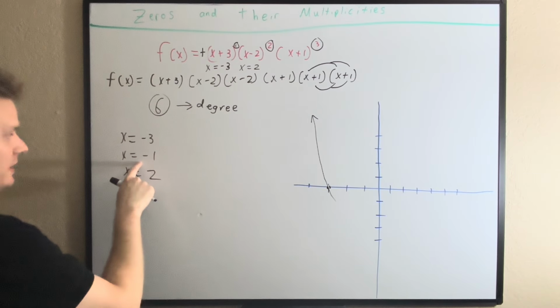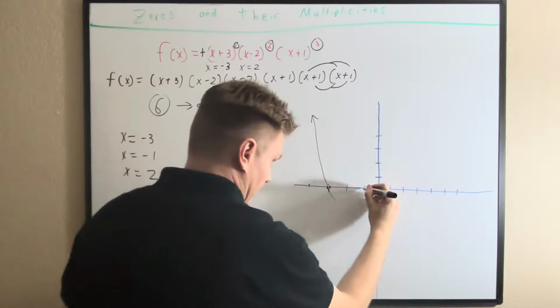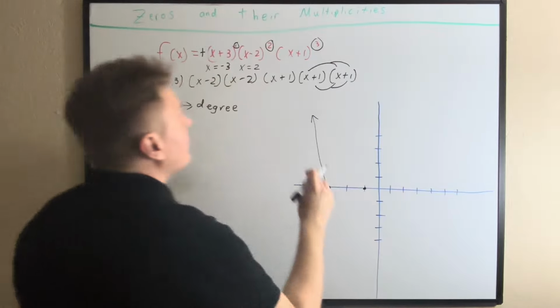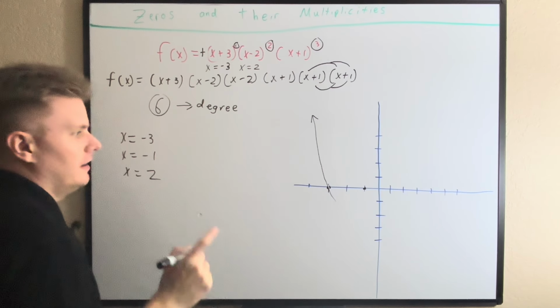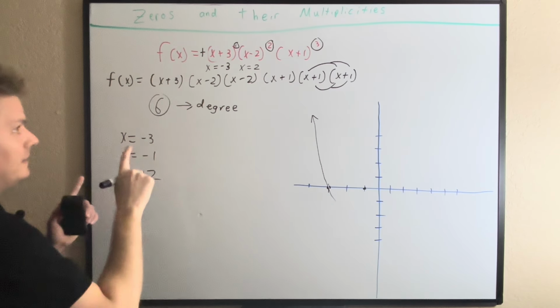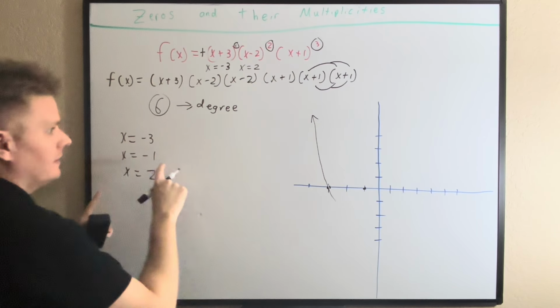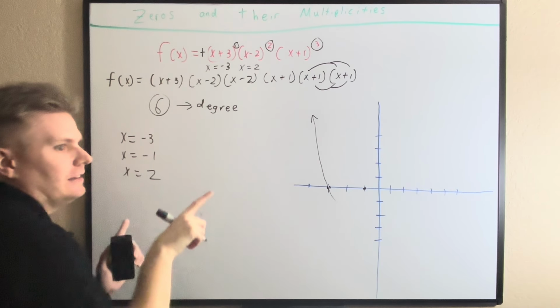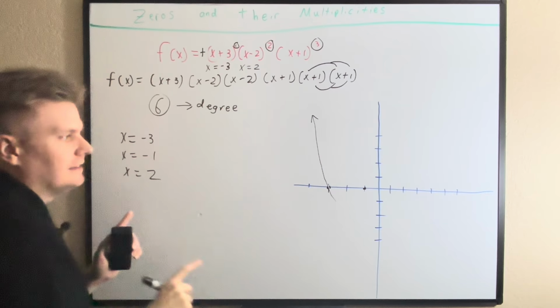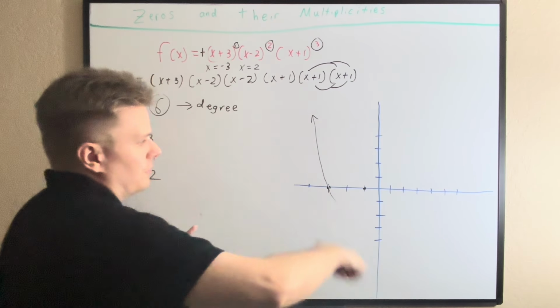Now, the next time we cross the x-axis is at -1. Okay. -1 has a multiplicity of 3. What does that mean? It's an odd multiplicity, so it is going to go straight through, just like the 1, but it's going to get a little steep first. It's not just going to go right through it.